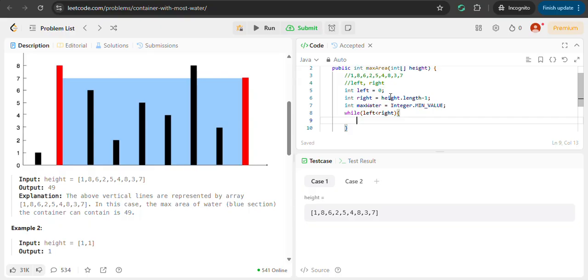For each iteration, we find the height, which is the Math.min of the height at left and the height at right. The minimum of both will be the height.